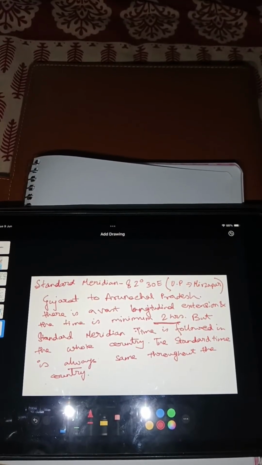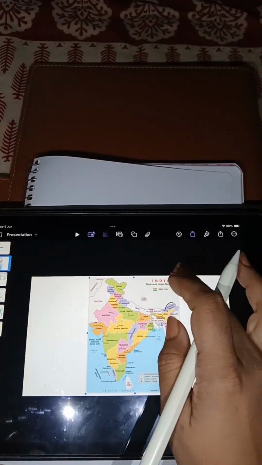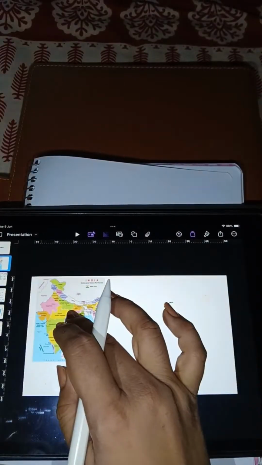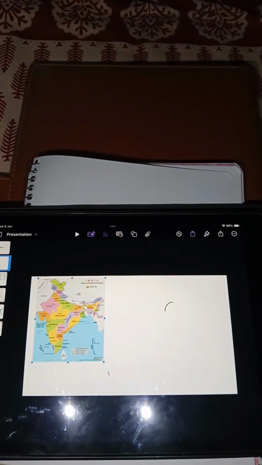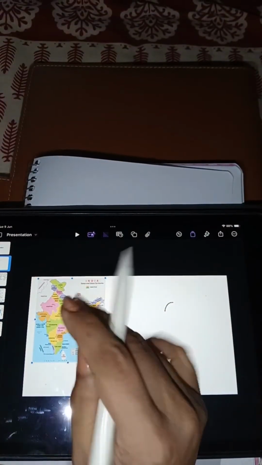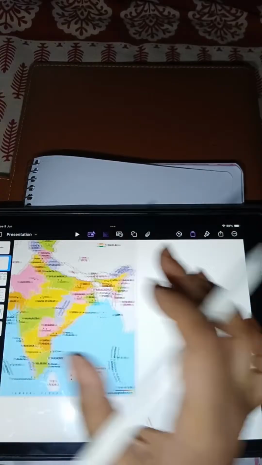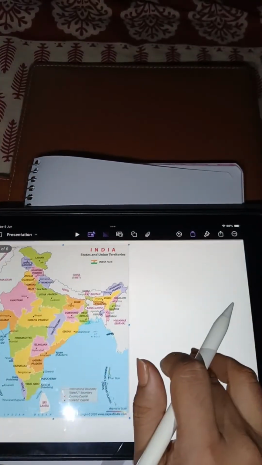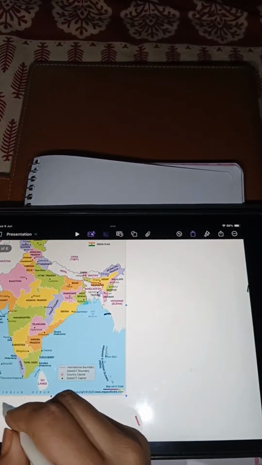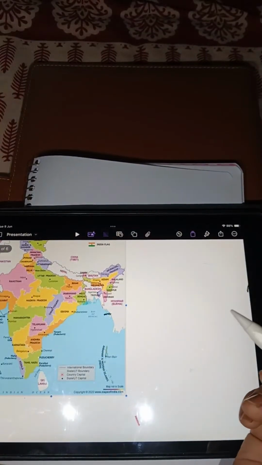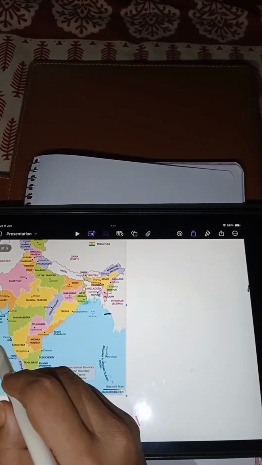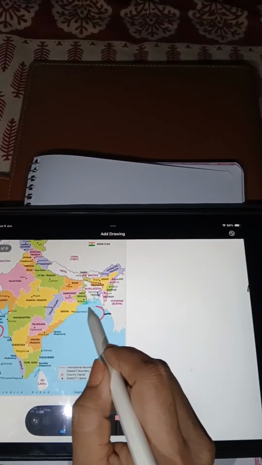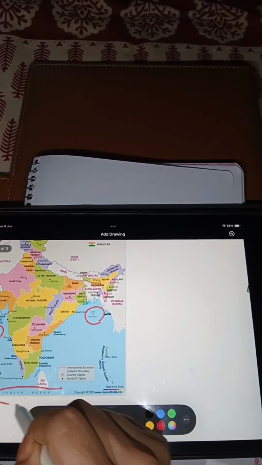Now let us see the neighboring countries of India. This you can see is the map of India, and in this map we can see, as I have already told you about the water boundaries, the Arabian Sea, Bay of Bengal and Indian Ocean.